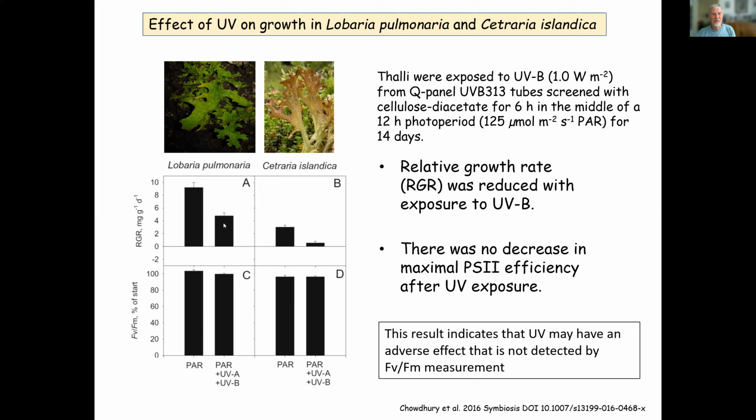So the thalli that were exposed to UV had a reduced relative growth rate, both Lobaria pulmonaria and Cetraria islandica. This result indicates that UV may have an adverse effect that is not detected by FV/FM measurements.